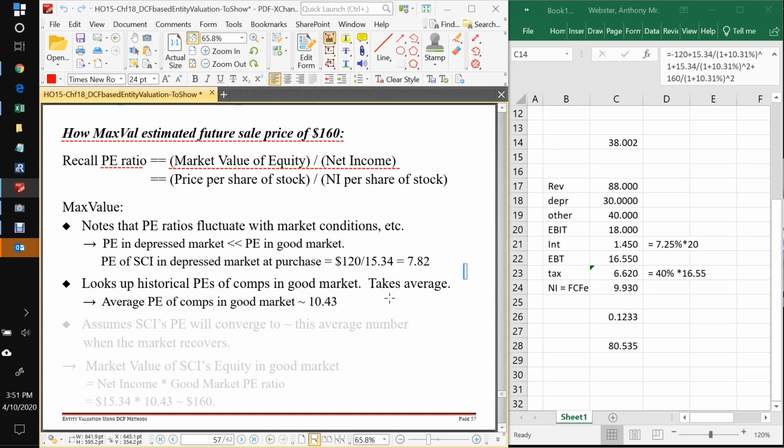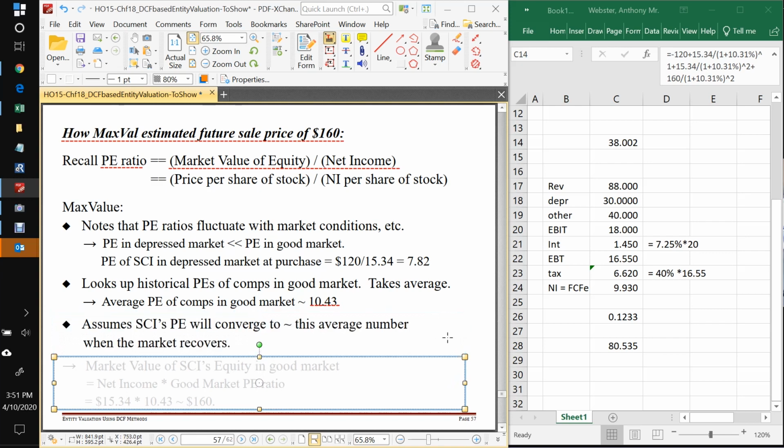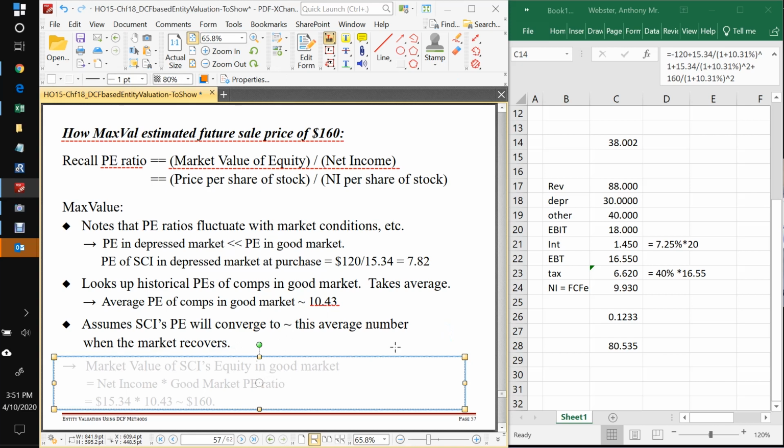So they look this up and they take the average of comps in a good market, and they find that in good market conditions for publicly traded firms like this, they have a PE ratio something like 10.43. Okay, then what do they do next? They assume that SCI's PE ratio will converge to this good number when the market recovers. Of course, it's not going to be perfect, right? But it should be somewhere around there, okay?